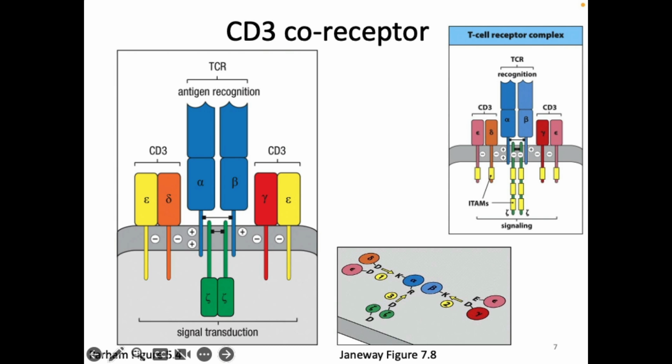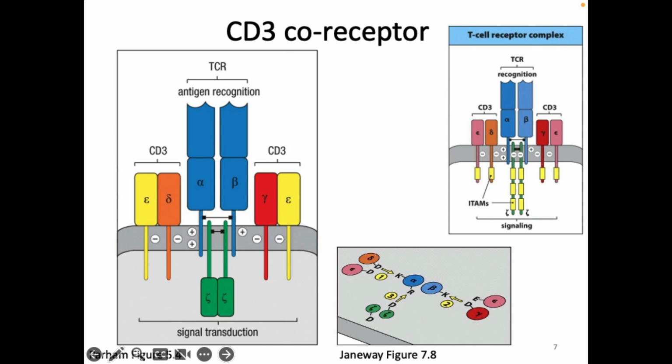CD3 is actually a complex of 6 proteins. There's one called delta, one called gamma, there are 2 copies of epsilon, and there's one called zeta, and there are 2 copies of zeta. And so you can see we've got delta epsilon, gamma epsilon, and zeta zeta here.